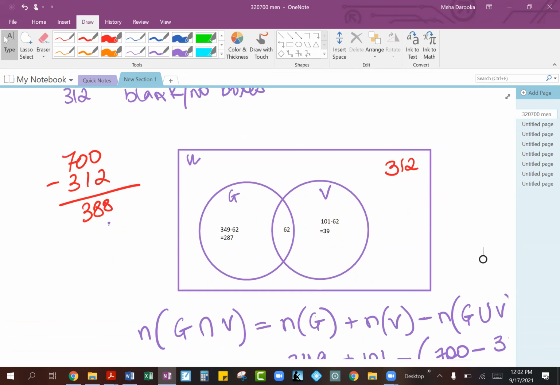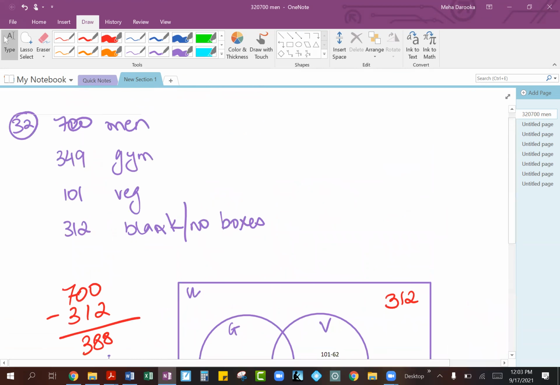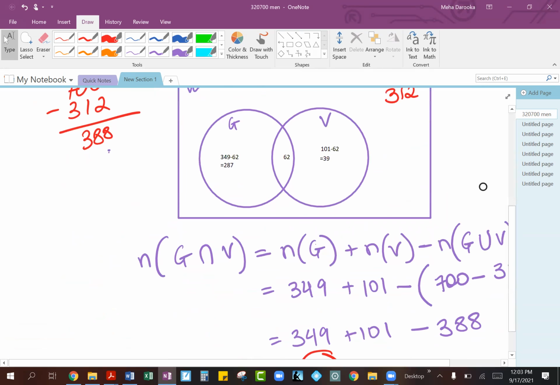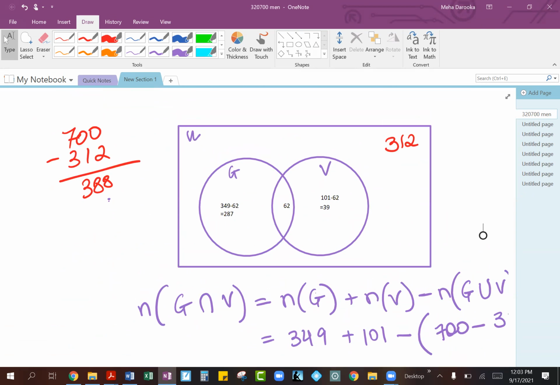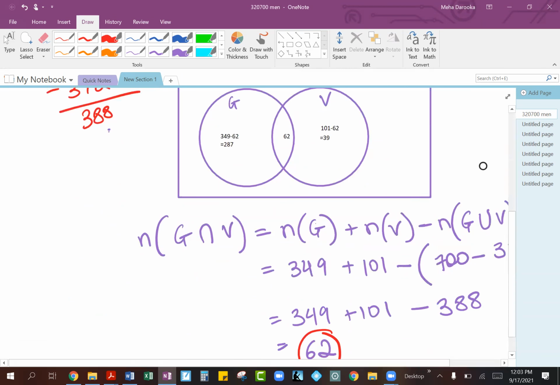And then once you add 287 with 39, with the 62 and the 312, that will be just a good way to check and make sure you get 700 as your total single men who took part in the survey. So just kind of keep that in mind, depending on what your question is, because some of them will ask you to complete the entire Venn diagram and fill in all the specific blanks. And then based on that, answer your questions.